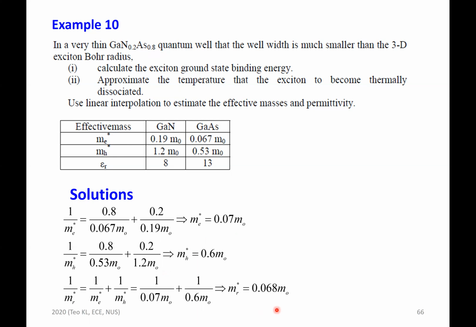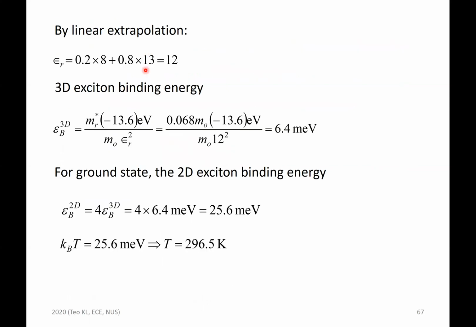The dielectric constant for gallium nitride is 8, gallium arsenide is 13. You also can do a linear approximation. So basically, 8 times 0.2 plus 13 times 0.8. That is the linear extrapolation.